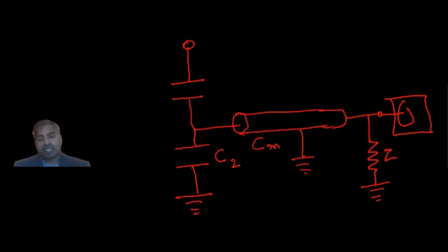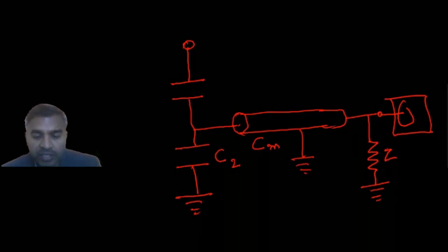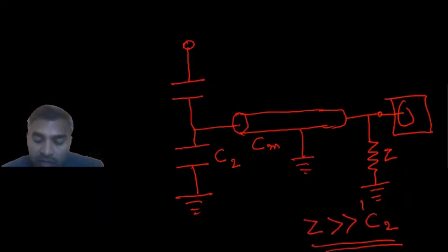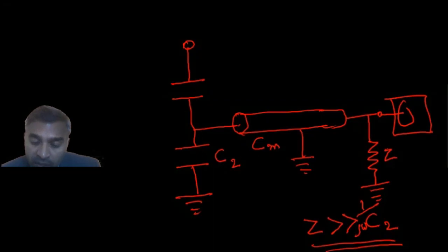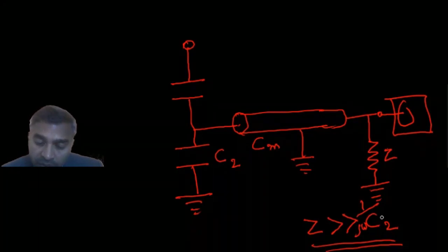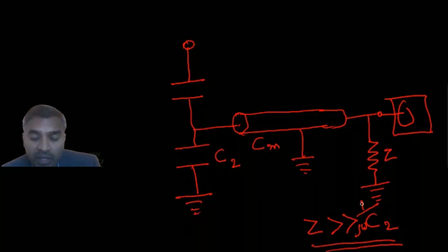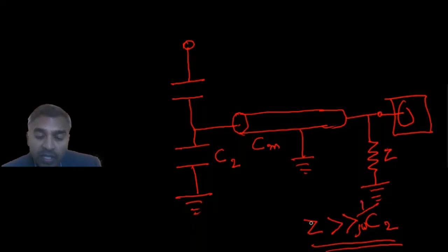Under steady state, C2 and Z will be in parallel actually. Z should be more than 1 by j omega C2. Now C2 is a larger value and Z should be more than 1 by j omega C2.